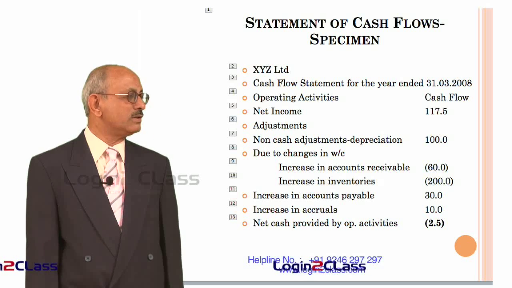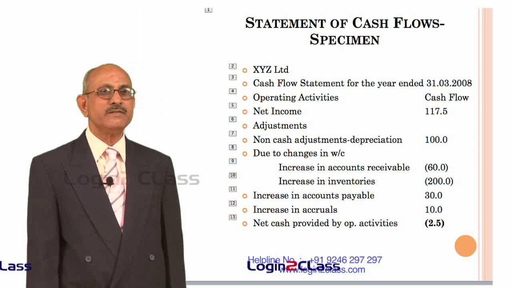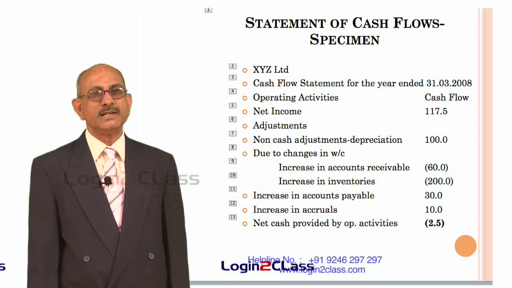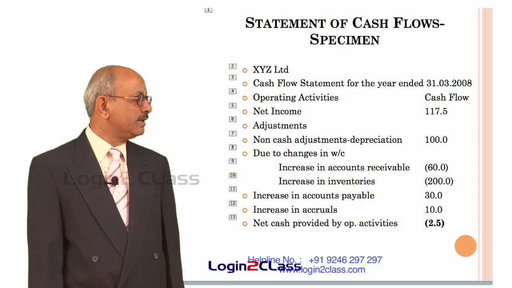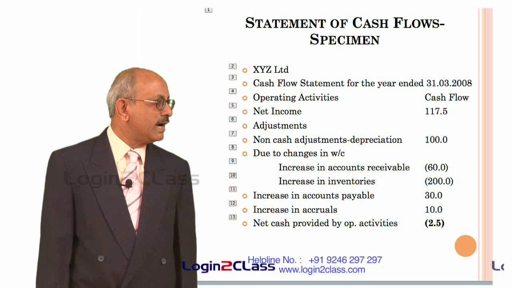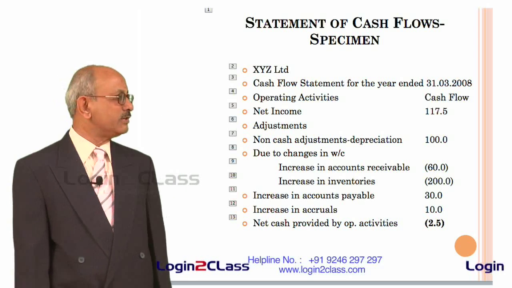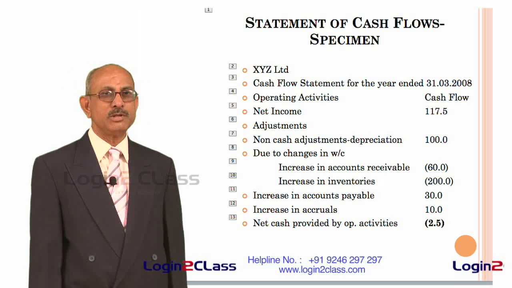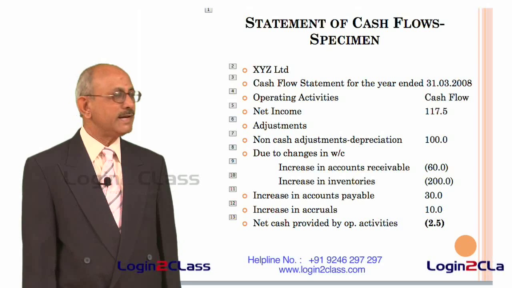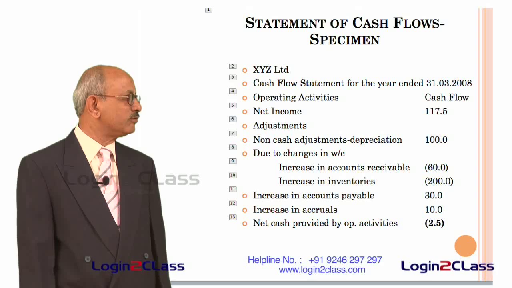Therefore we take into account adjustment on account of depreciation, adjustment on account of increase in receivables, increase in inventories, or increase or decrease in accounts payable, increase in accruals, etc. And the resultant balance is shown as the net cash provided by the operating activities. If it is shown in the brackets as in the example shown, it means a net cash outflow. If there is no bracket, that means there is a net cash inflow.